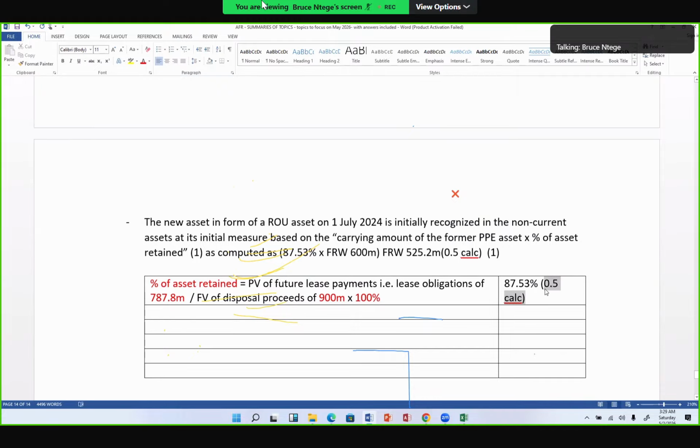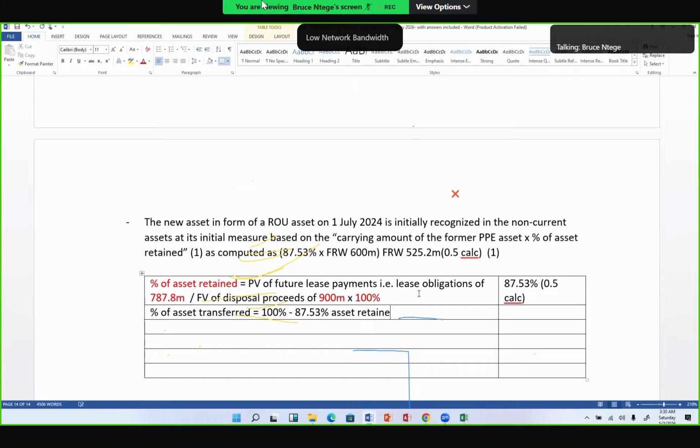You use that working to say that the percentage of the asset transferred is always 100% minus the percentage retained, minus the 87.53% of the asset retained. So again, you're going to get another calculation mark.